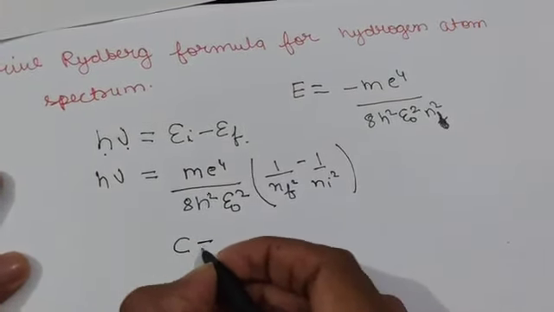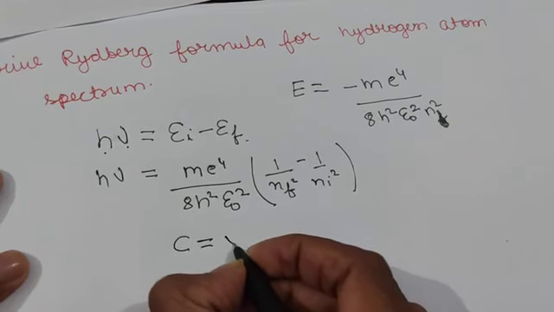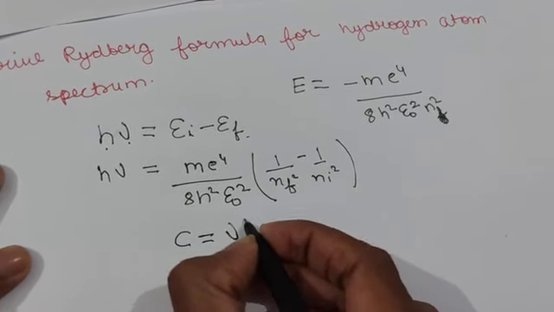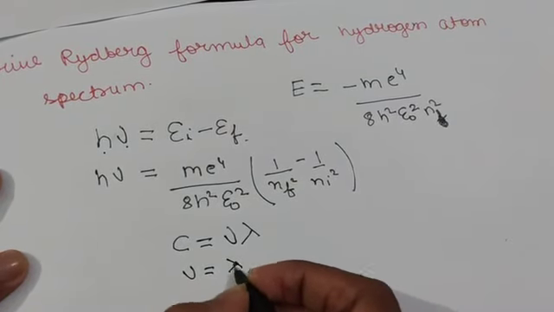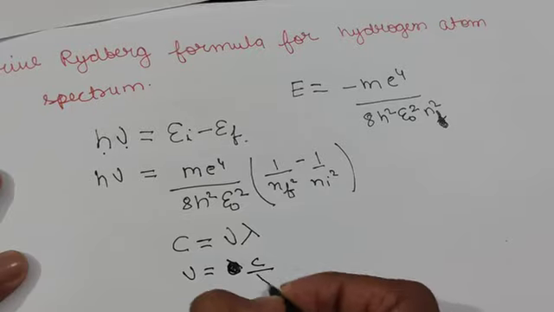We know the speed of light is equal to frequency times lambda, so here the frequency is equal to c by lambda.